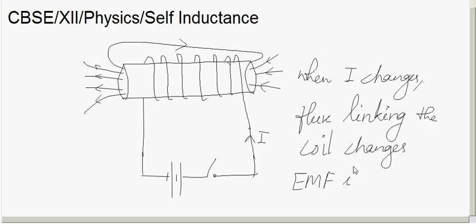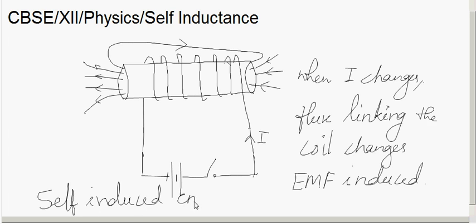So this is the basic principle, Faraday's law, and this type of induced EMF is known as self-induced EMF. Self means itself, self-induced EMF. How can we define a self-induced EMF? Self-induced EMF is the EMF induced in the coil due to change of its own current, because when the current changes, the flux linking the coil also changes.